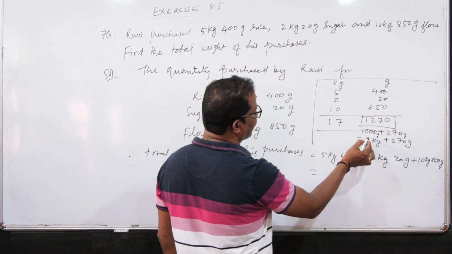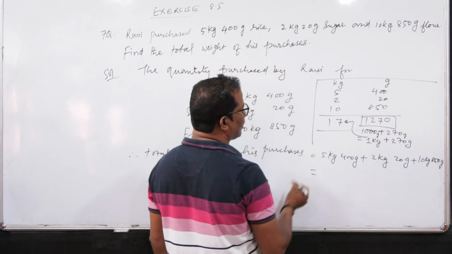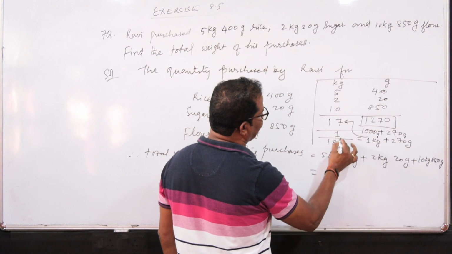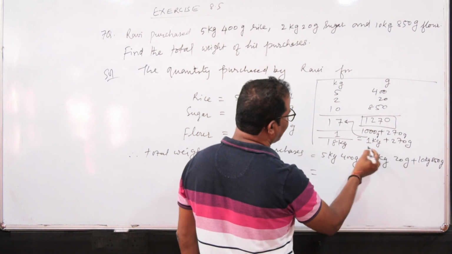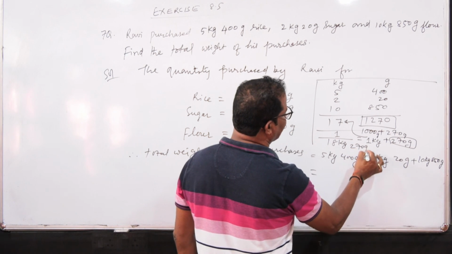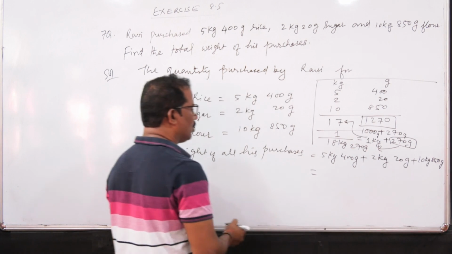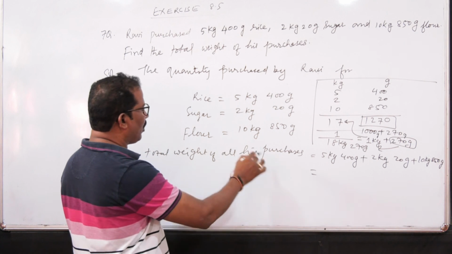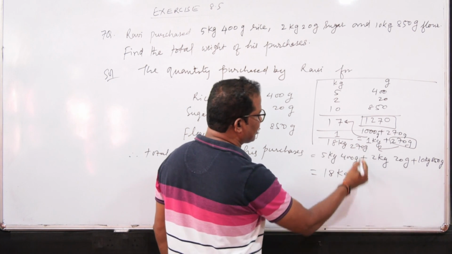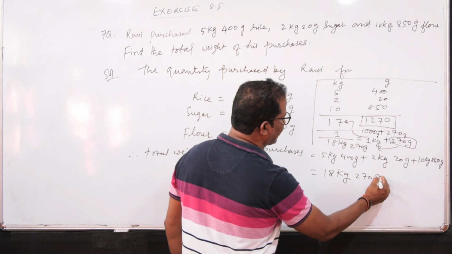Then this 1 kg we can add to these kgs here. That means it is total 18 kg, and remaining is 270 grams only. So the total weight of all his purchases is 18 kgs and 270 grams.